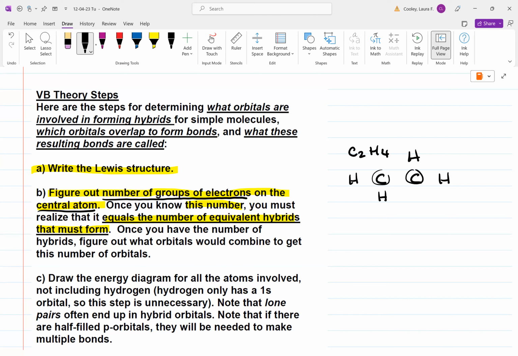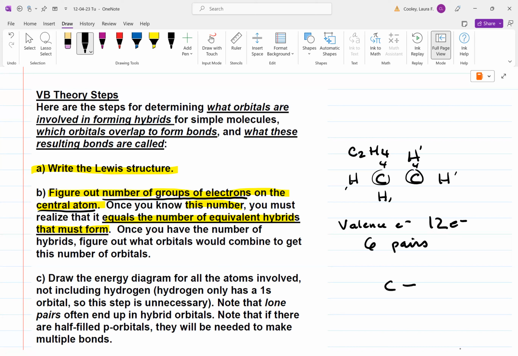So how do we draw the Lewis structure for this? What is the number of valence electrons for carbon? Yep, it's 4. So how many total valence electrons? We have 4 here, we have 4 here, and then 1, 1, 1, 1. So we have 8, 9, 10, 11, 12 valence electrons. So that's 6 pairs.